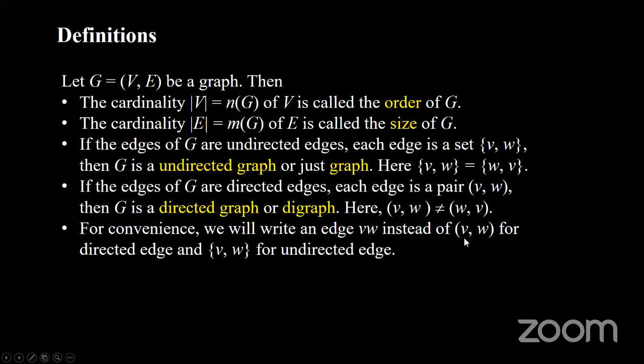And we're just going to write the edge vw, as a set or as a pair, like this. Of course we will tell you whether it is a graph or a digraph.